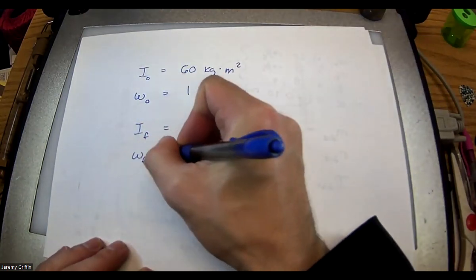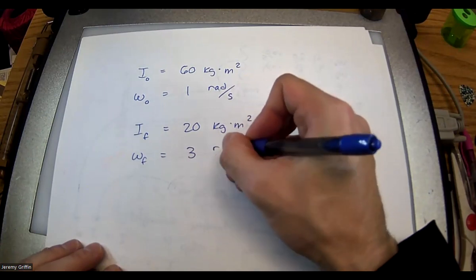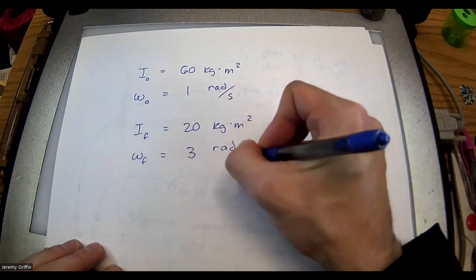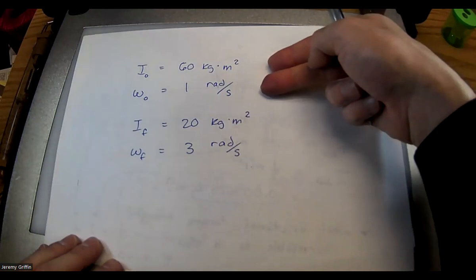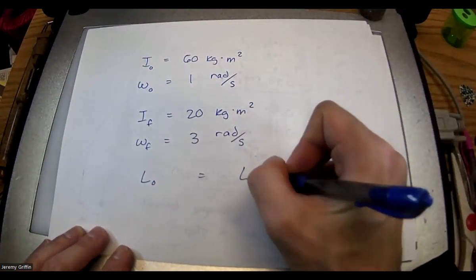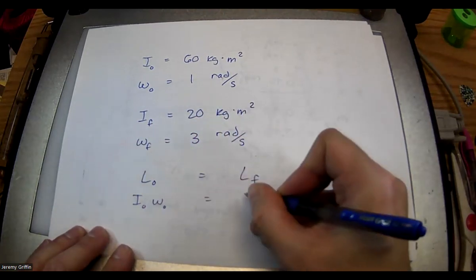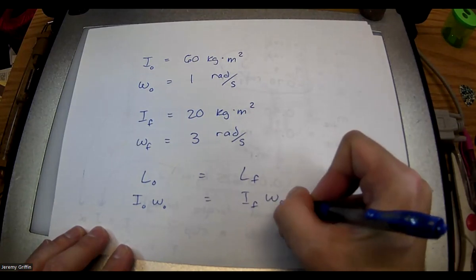Who could tell me? 3. There you go, you got it. Yeah, so Steven's saying 3 radians per second. Because here's the principle. L naught equals L final. This is angular momentum. So that's I naught omega naught equals I final omega final.